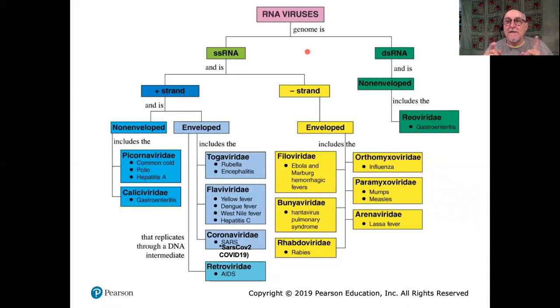So I take this single strand, put it into a cell, and when the cell sees it, it sees it as messenger RNA, and it will immediately begin to read off and translate and produce proteins. Its ribosomes will grab onto it and will start to produce proteins from it. So it's just like a messenger RNA strand. That is called positive strand RNA.